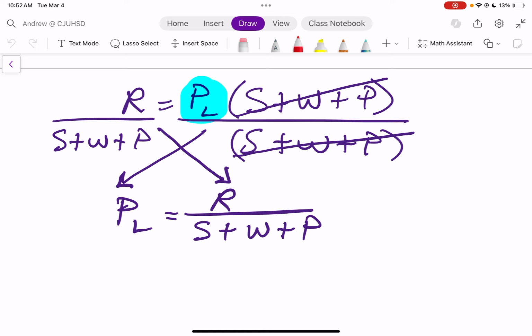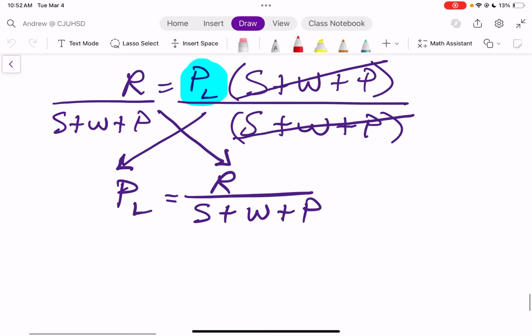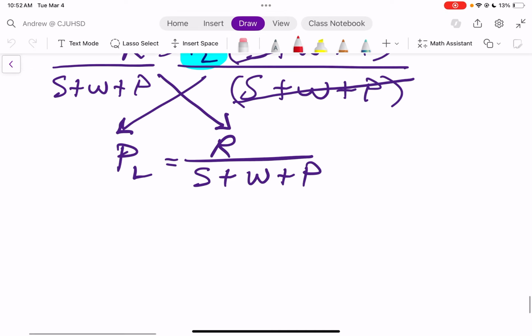And we did that by dividing both sides of the equation by S plus W plus P. So does that make sense as price per lunch? R is all the money that they bring in, and S plus W plus P is all the students that are in the cafeteria. The money divided by the students would give you the price for one student's lunch, and so it does make sense.